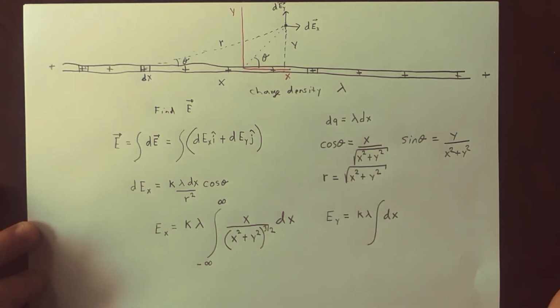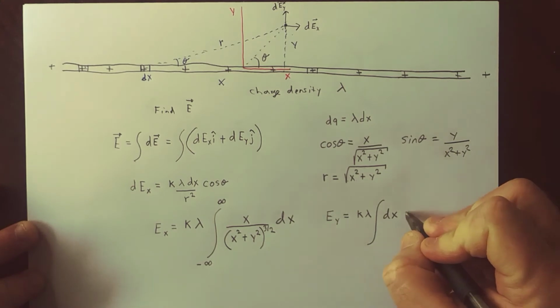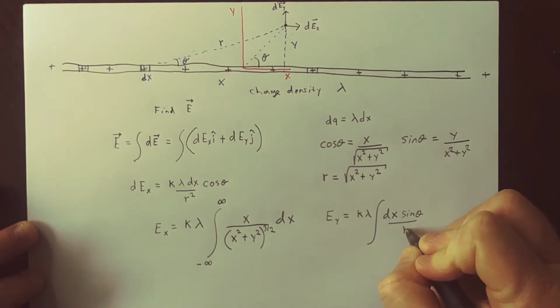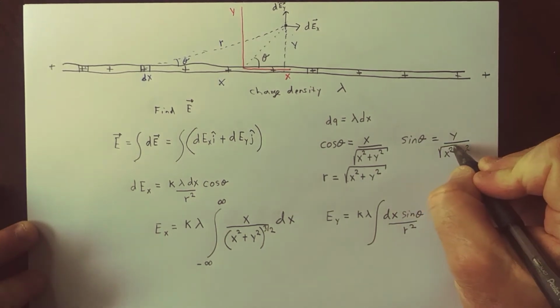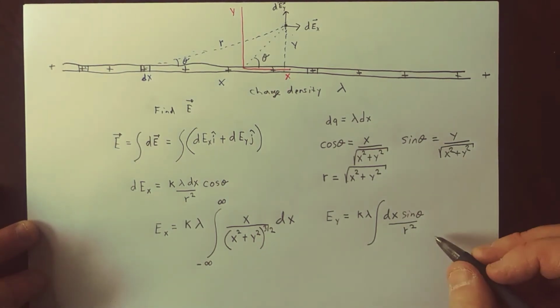Okay, so let's continue where we left off. We were looking at the y component of the electric field, so we get dx sine of theta over r squared, and the sine of theta is y over the square root of x squared plus y squared, opposite over hypotenuse.